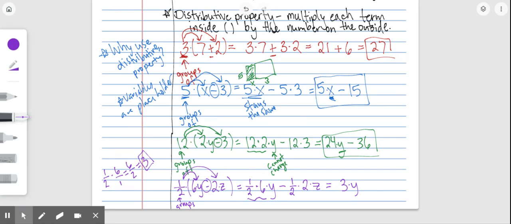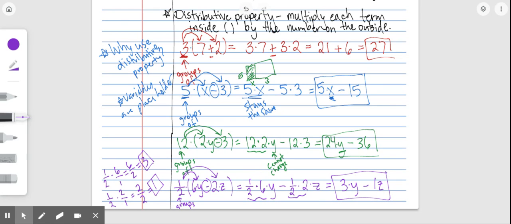Then I keep the subtraction sign, and I've got now half of 2, or 1/2 times 2 over 1. 1/2 of 2 becomes 2 over 2, which is the same as 1 whole. Okay, so this one becomes 1z. Yay! Again, because I don't know the values of y and z, I can't simplify any further.